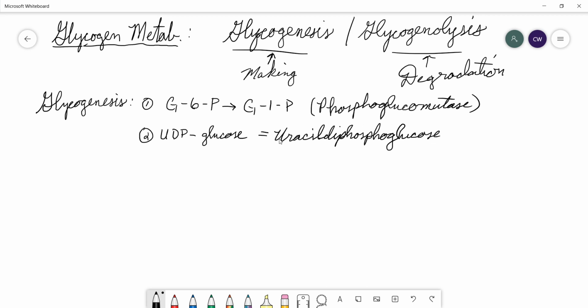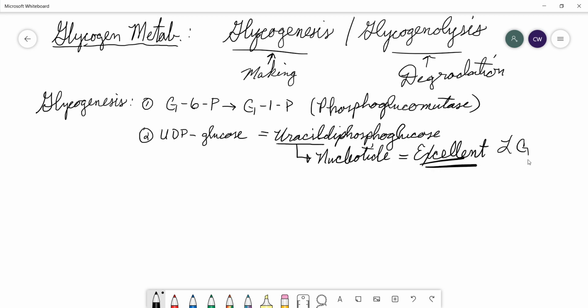This you might remember from our lab on PCR as being a nucleotide. That makes it an excellent leaving group. That's the whole purpose of doing that.